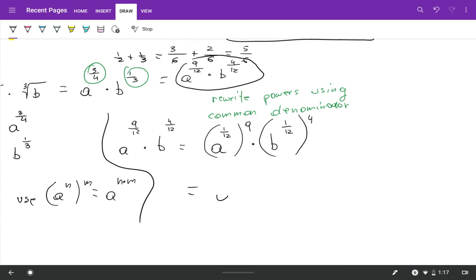I'm trying to simplify, and this problem is a little more tricky. So again, 9 over 12 I just rewrite as 9 times 1/12, and the power 4 over 12 I rewrite as 4 times 1/12.